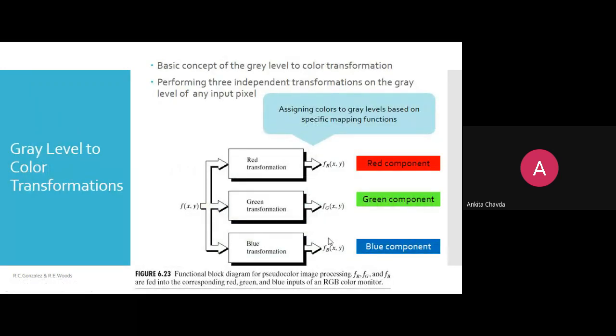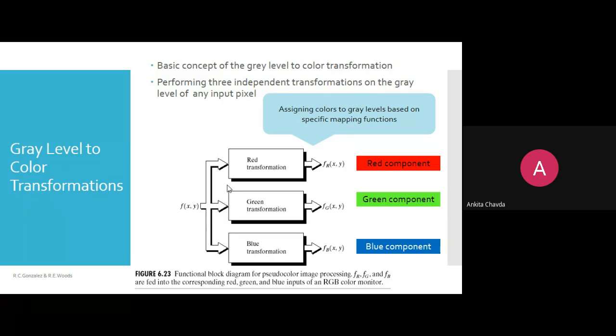Now, we can convert this gray level to color transformation. How can we do this task? And where is it required? Because on the color monitor you want one color which is generated by the red, green and blue planes, right? One color will be generated onto the screen from the red, green and blue planes.